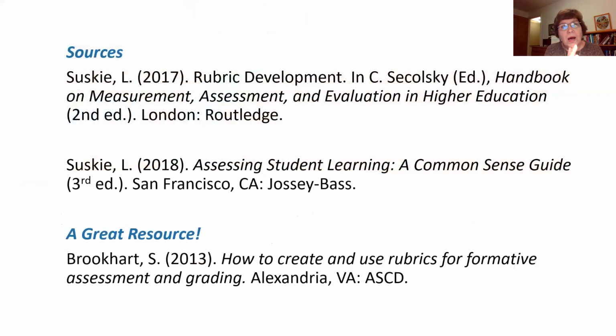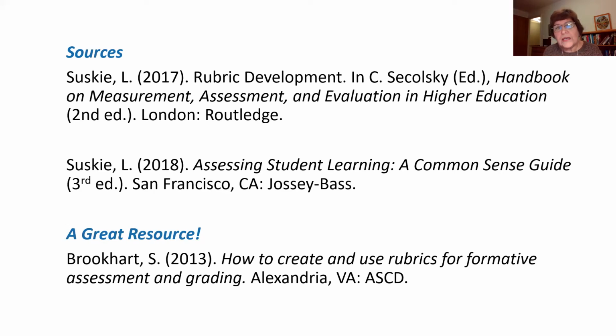Okay, here are the sources that I used for these slides. The top one is that rubric development chapter that I wrote that this is based on. The book is pretty expensive, so I don't recommend running out and buying it. See if you can get it through interlibrary loan. I summarized a lot of what I learned in the 3rd edition of my book, Assessing Student Learning, which is a lot more affordable.